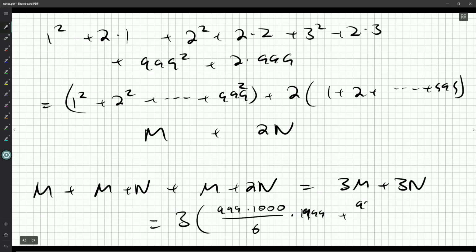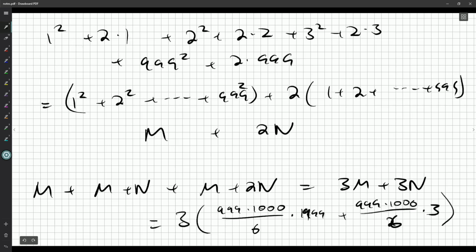And then 999 times 1,000 over 2. So if I multiply this by 3, I can divide it by 6. And so then I'll get 1/2, because 3 and these 6s turn into 1/2.